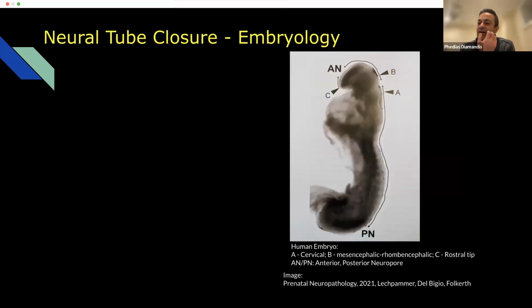So here is another picture of a fetus that shows the different closure sites. And again, the importance of these closure sites is that if we look at where they're occurring, and if you remember those images that we saw of the encephaloceles, you have encephaloceles being very common at these closure sites, with occipital encephaloceles and these frontal encephaloceles being very, very common.